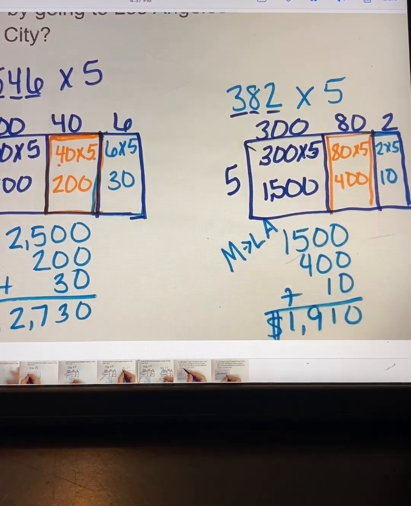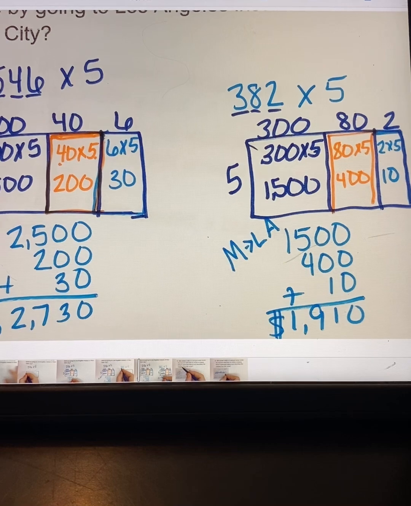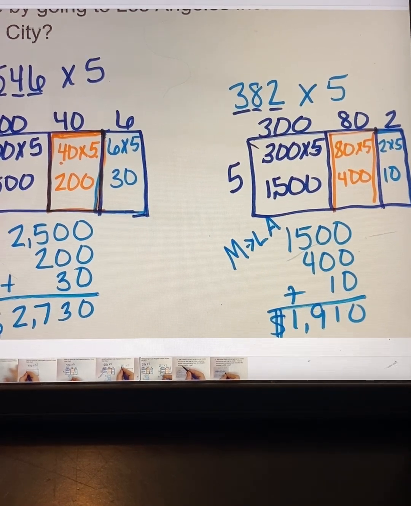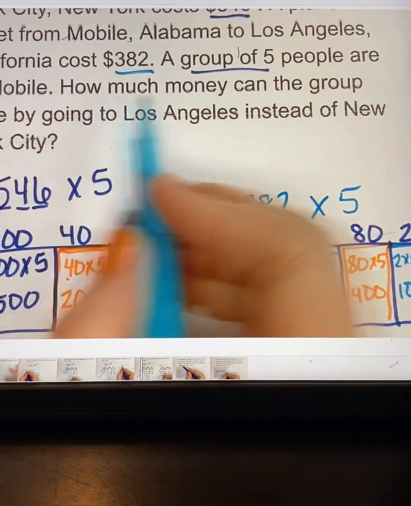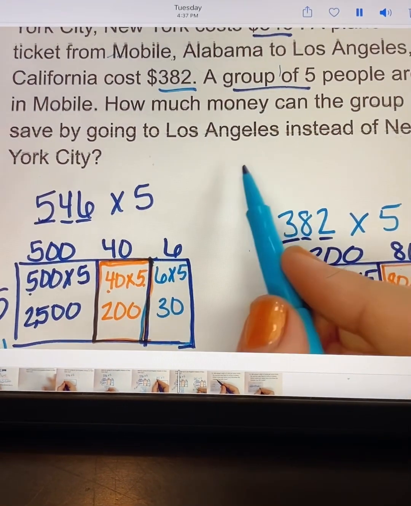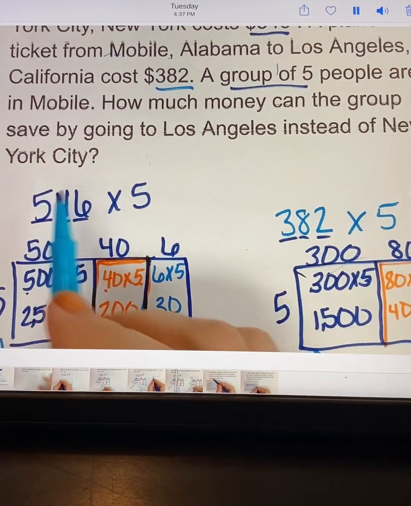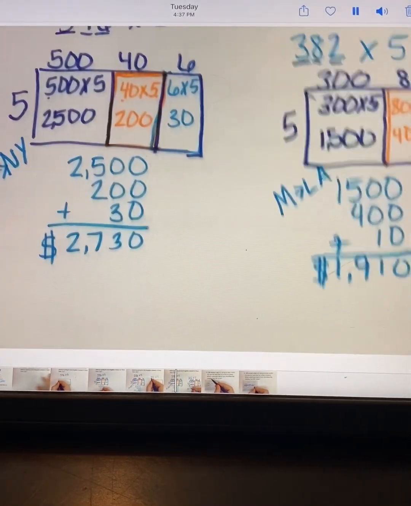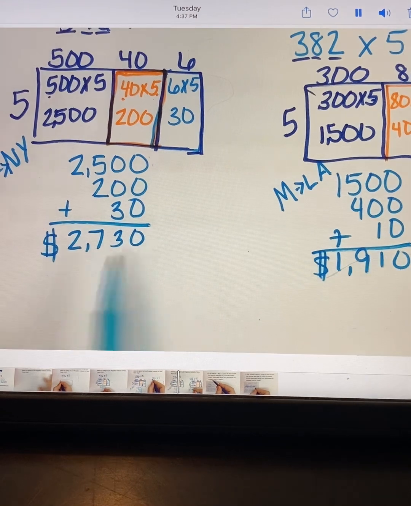All right, now let's go back and look at our question. So our question said, how much money can the group save by going to Los Angeles instead of New York? So to figure out how much they could save, we need to subtract our 2 numbers.